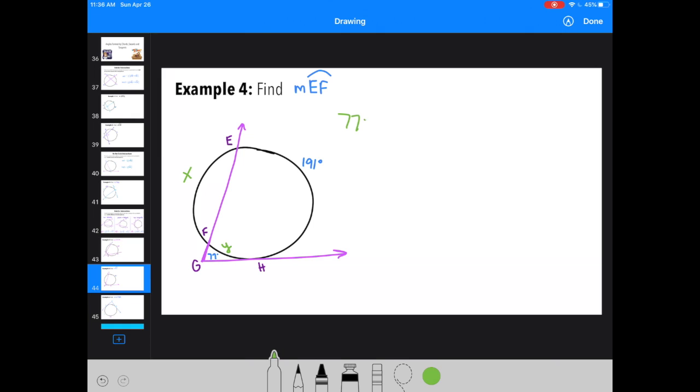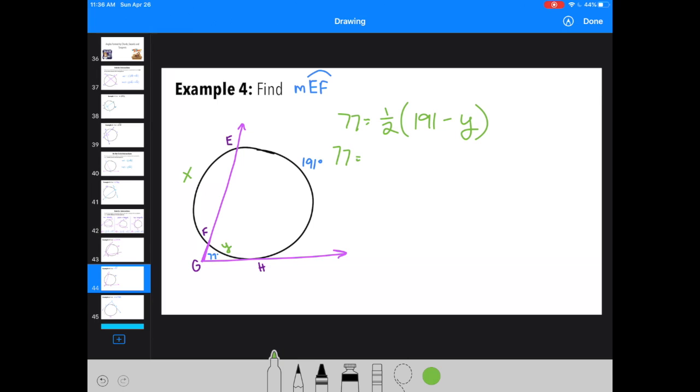Well, that angle, FGH, 77, is going to be equal to 1/2 times that outer arc, 191, minus that inner arc Y. Once I solve for that inner arc, I can solve for X. All right, so a little bit of distributive property. 77 is equal to 1/2 times 191.